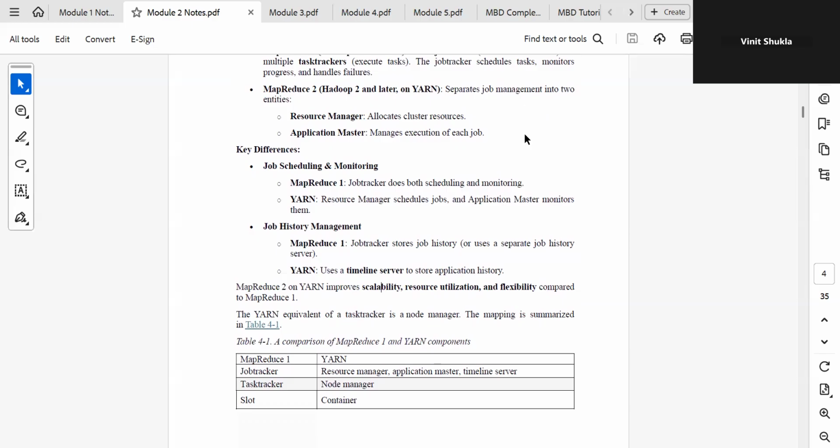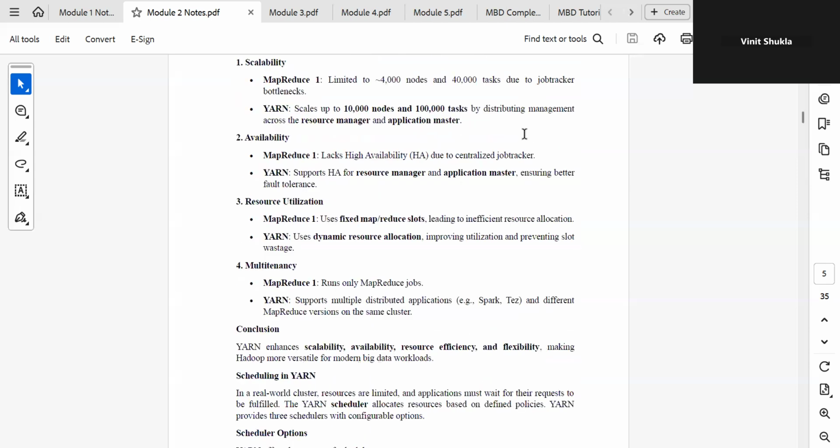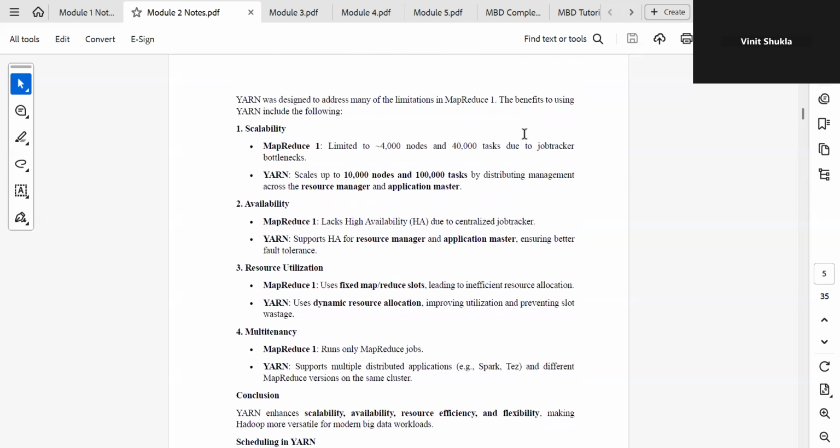The YARN equivalent to a job tracker is a node manager. The mapping is summarized in the table. MapReduce job tracker maps to resource manager, application master, timeline server, and the job tracker here maps to node manager. Slot maps to container.